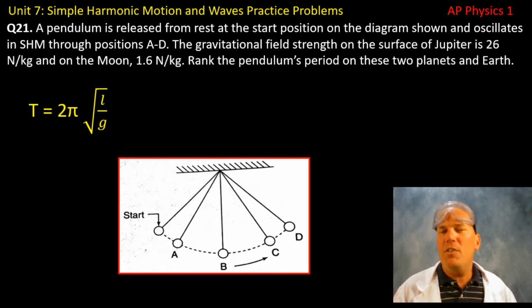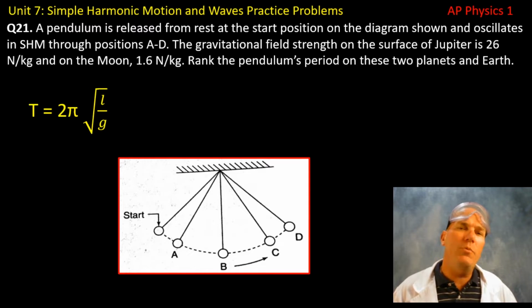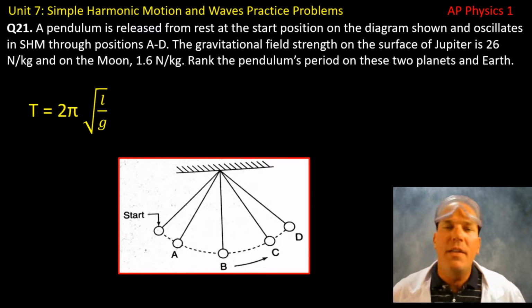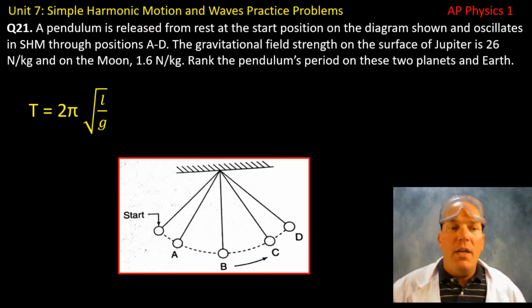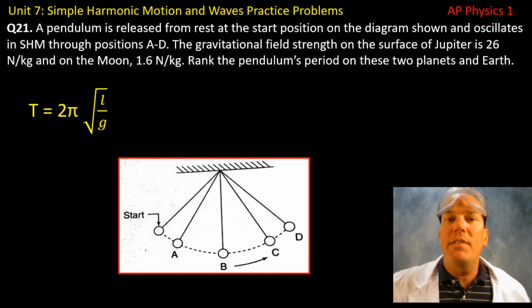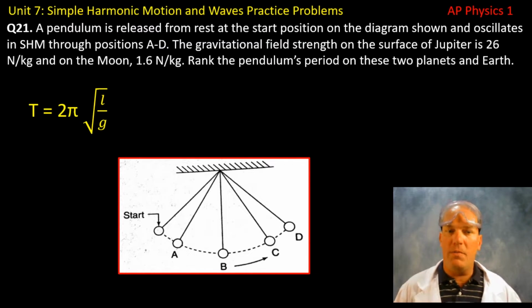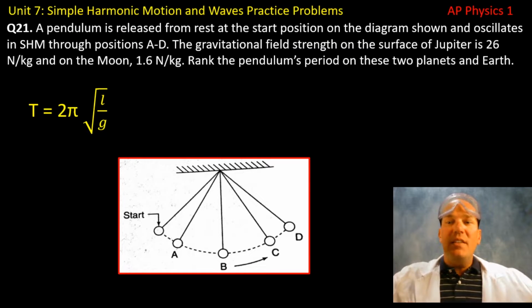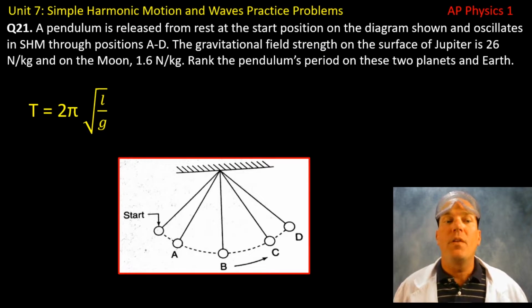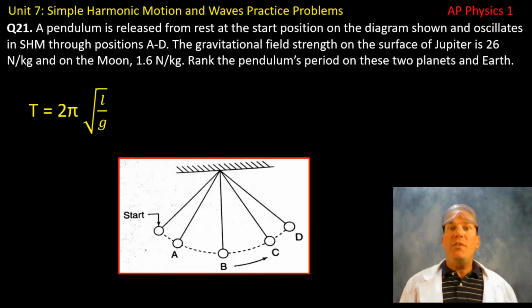The expression is 2 pi multiplied by the square root of length divided by the acceleration due to gravity. All right, so the period will increase as the length of the string increases. We've gone over this repeatedly. As the acceleration due to gravity increases, like it is on Jupiter, the period will decrease.